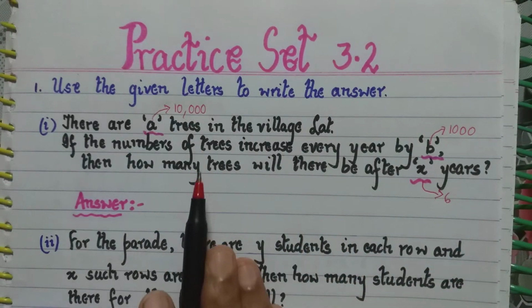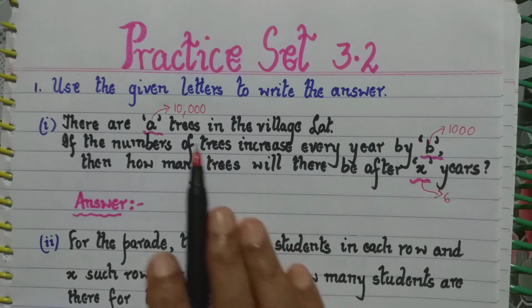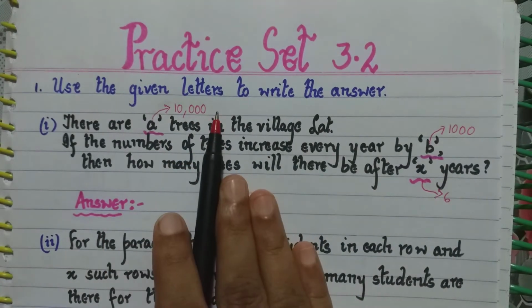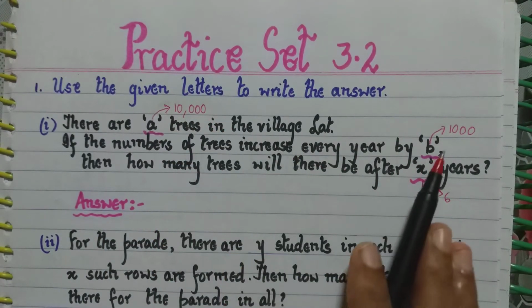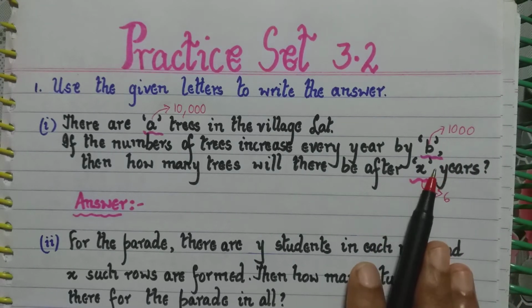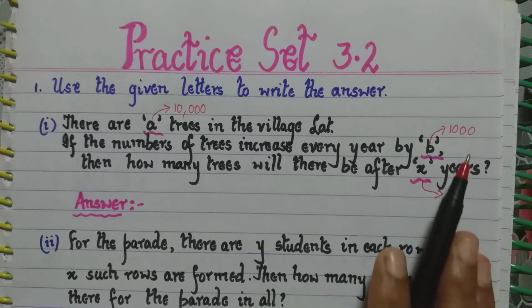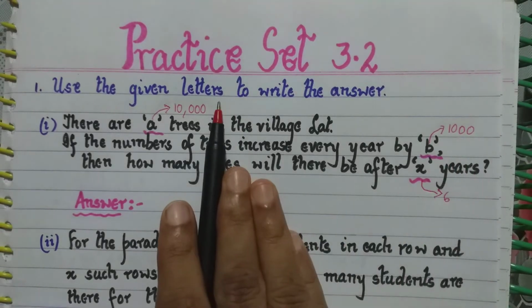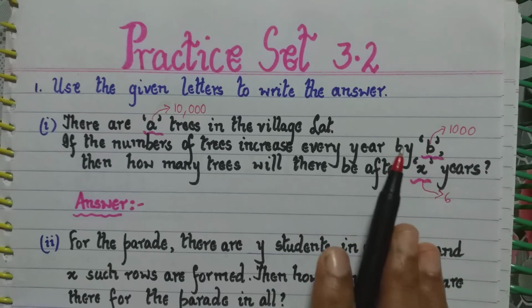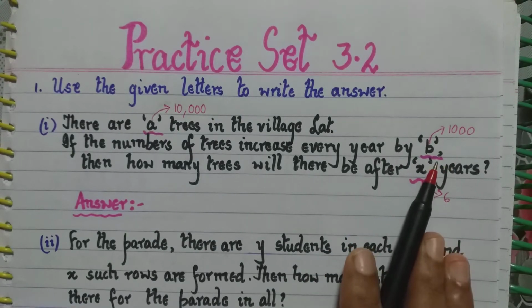Now, if he is getting 10,000 this year, next year he will be earning 10,000 plus 1000, that is 1000 into 1, because next year will be 1 year. 1000 into 1 is 1000 only. 10,000 plus 1000 will be 11,000. That is for next year.